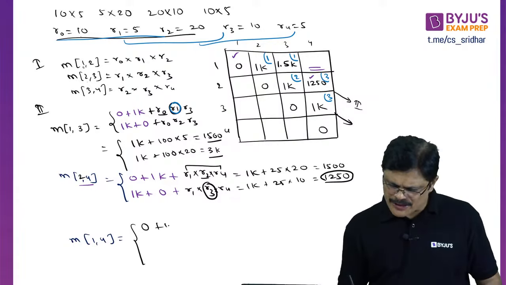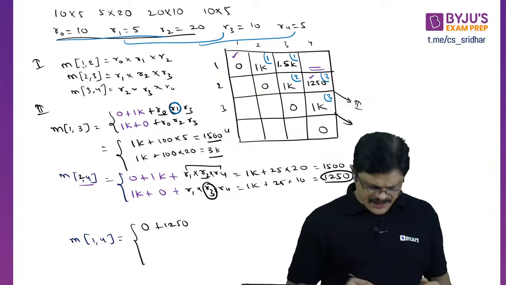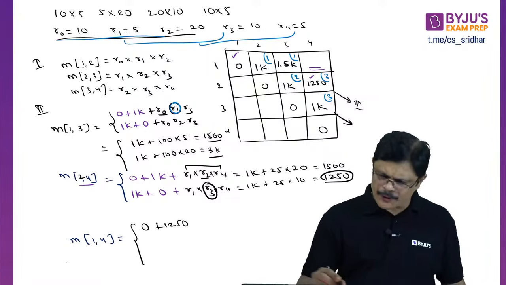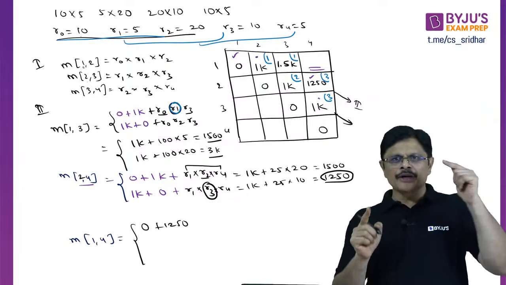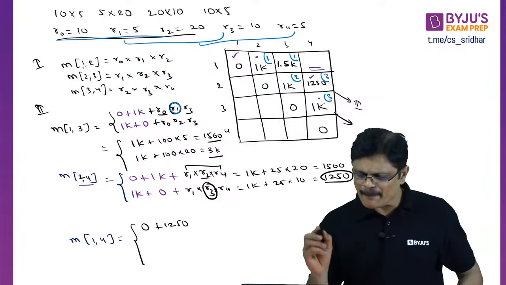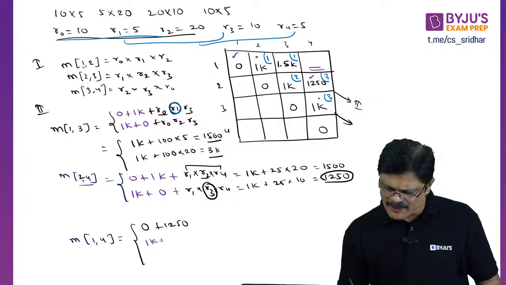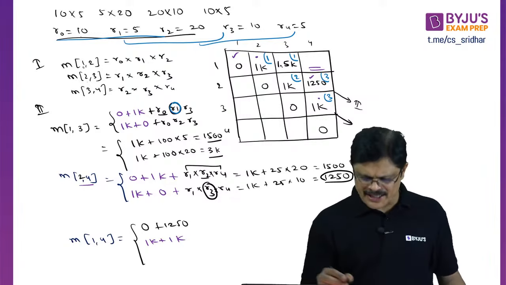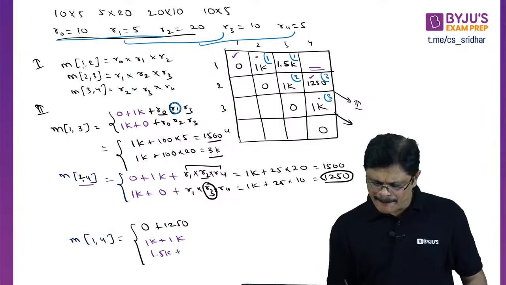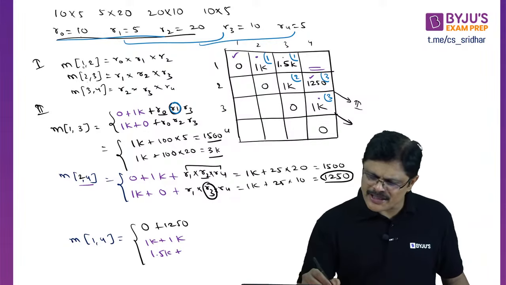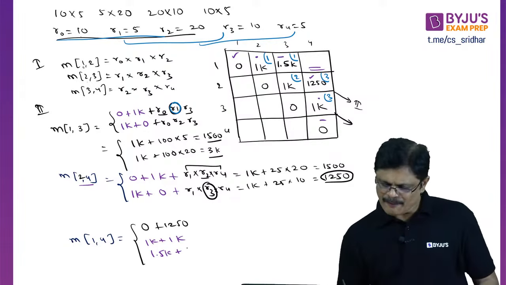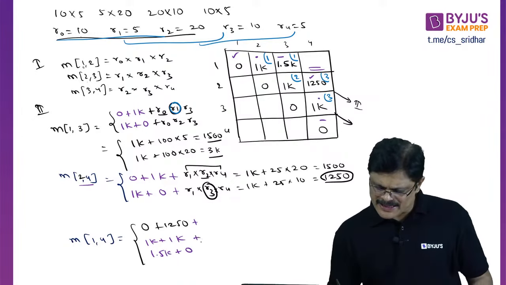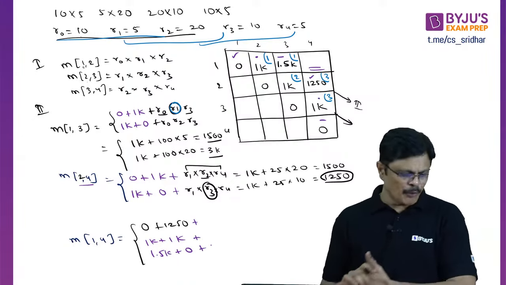Next, you take the next value and the next value, moving like this: 1k plus 1k, which is 2k. Next is 1.5k plus 0. Plus what do we need to multiply more?